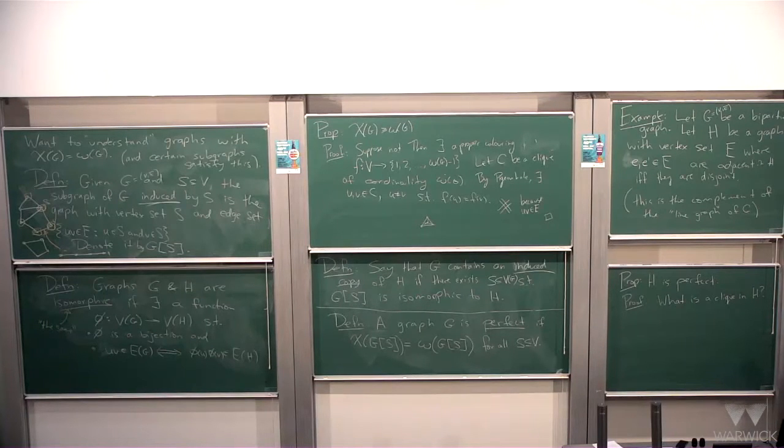Because if it makes a clique in H, that's a set of vertices that are all joined together, then any pair of those edges in G must be disjoint. But what's a set of disjoint edges? It's a matching, right? Therefore, if you take the biggest clique in H, that corresponds to the biggest matching in G.